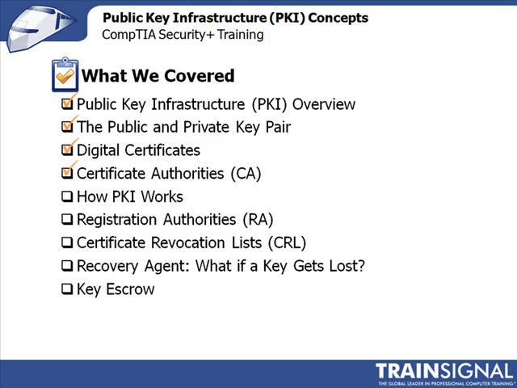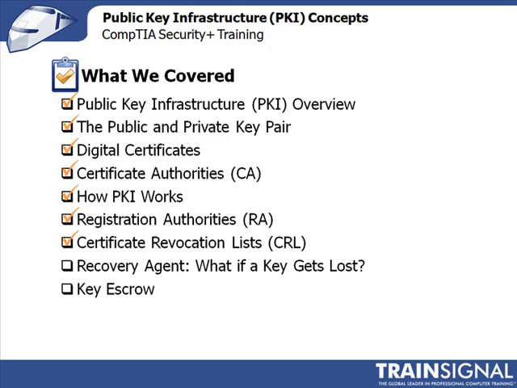Then, we discussed the big bad certificate authority and how it has the most important job within PKI. Then I showed you a nifty diagram of how PKI works to send a secured message to Alice and only Alice, and you can still sleep at night knowing that no one else can read it. Then we talked about registration authorities and how it helps offload some of the grunt work for the CA.